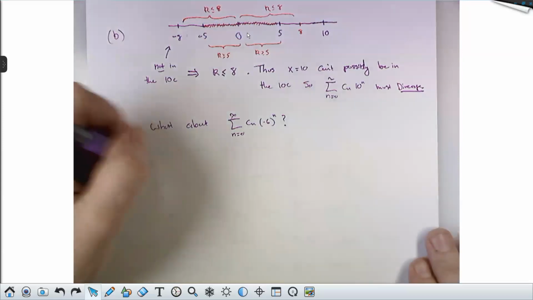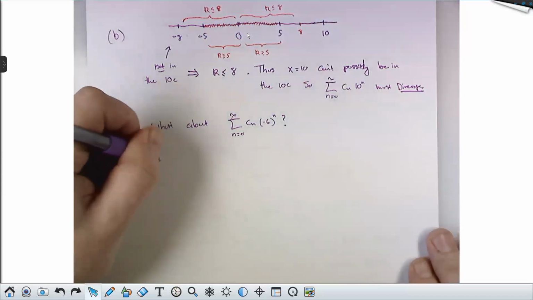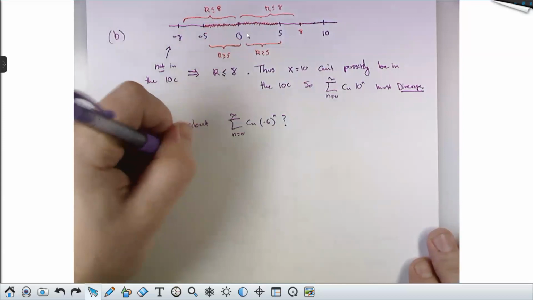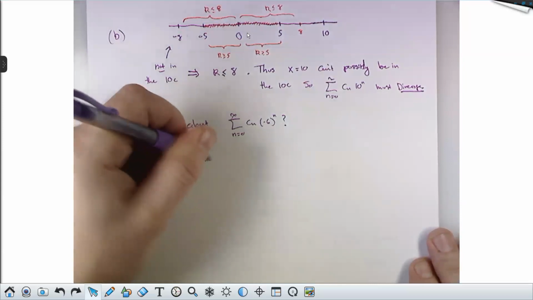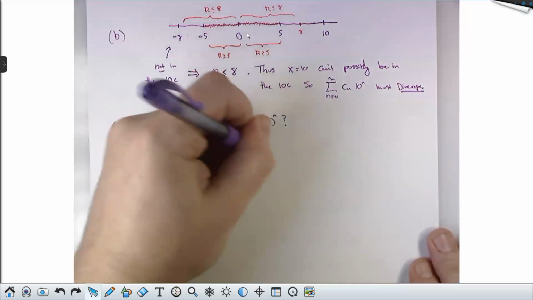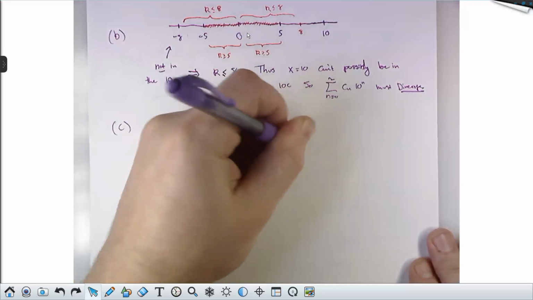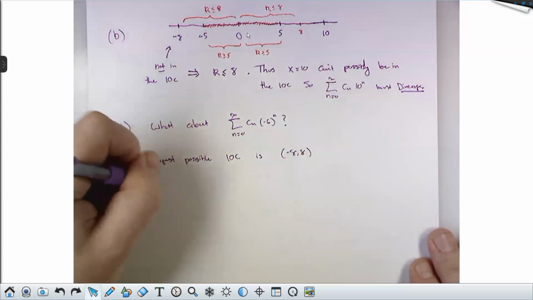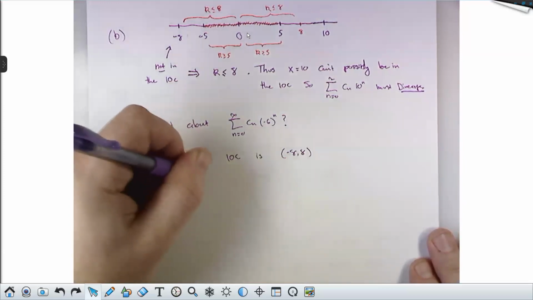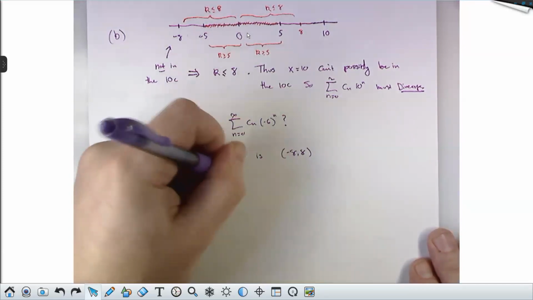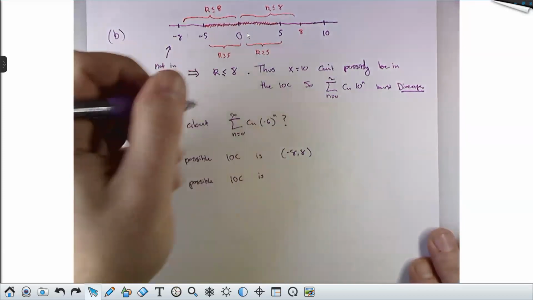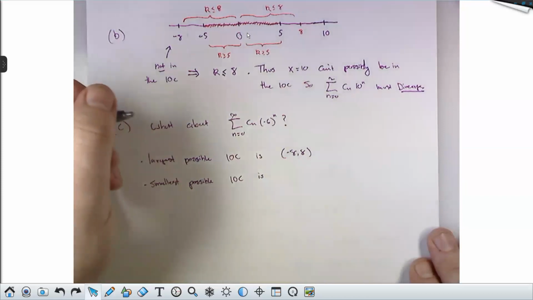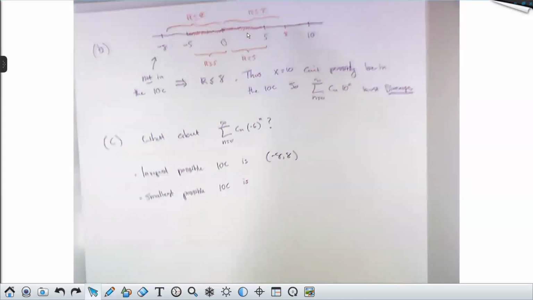So let's just recap what we have. The largest, smallest, which one did we say for sure converged?